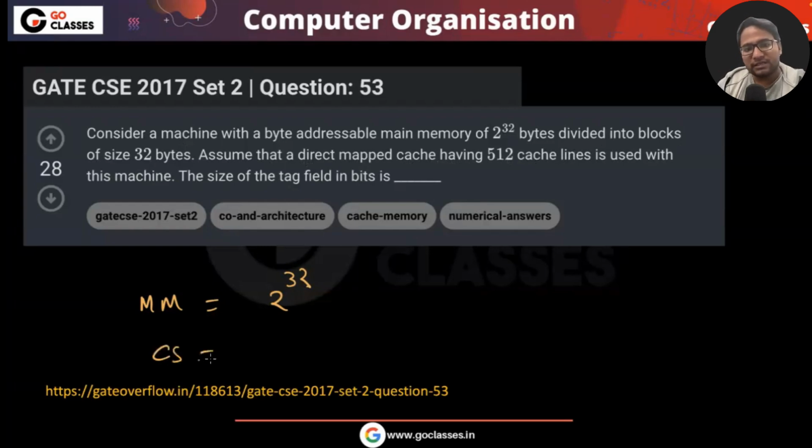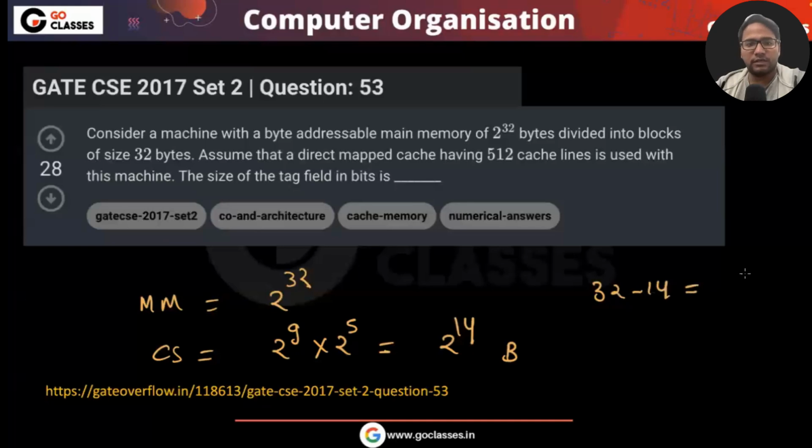So can you tell me the cache size? 2 power 9 lines, and 2 power 5, so 2 power 14 bytes. Now they are asking the tag. Can you tell me the tag directly? 32 minus 14, right? It is 18.